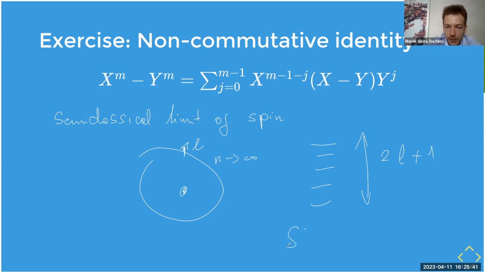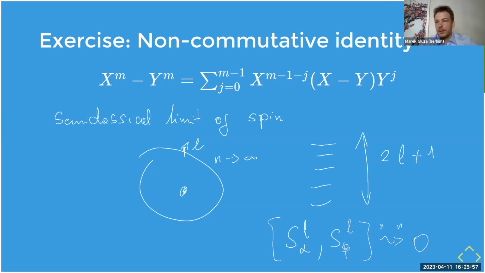So the commutator of L alpha and L beta kind of goes to 0. That's how people argue you get the continuous spectrum of angular momentum in classical mechanics. That's one idea.